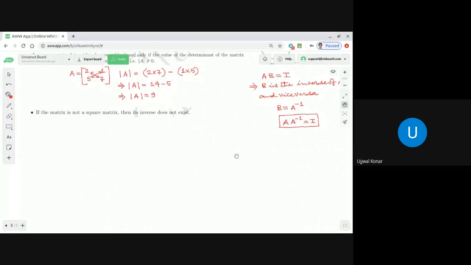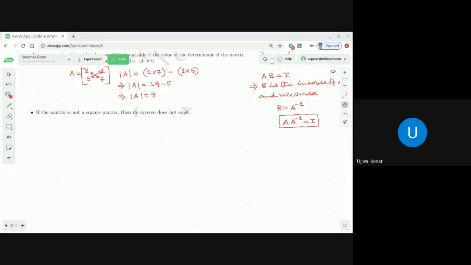Now, the next point, dear students, is that if the matrix B is the inverse of the matrix A, then A is also called the inverse of the matrix B. I think I explained this when I gave you the example.